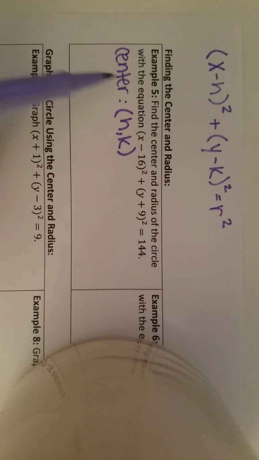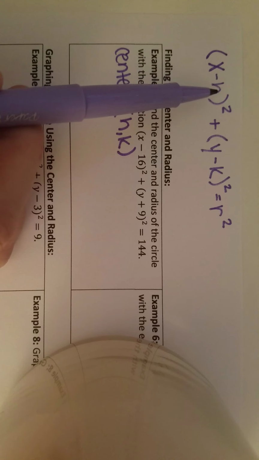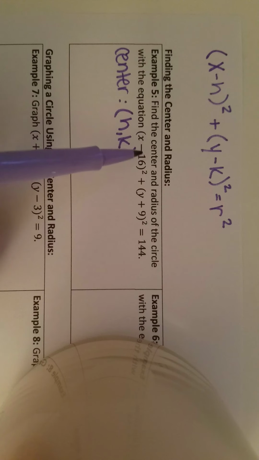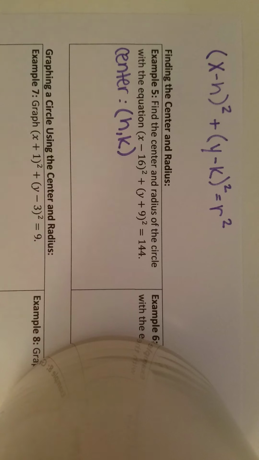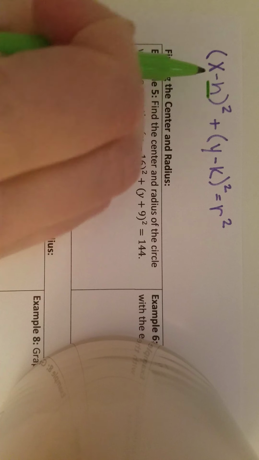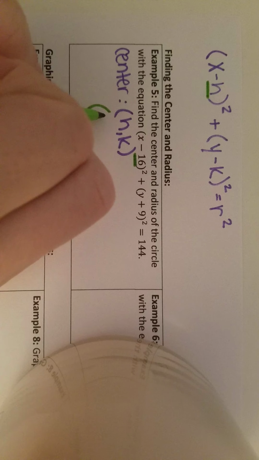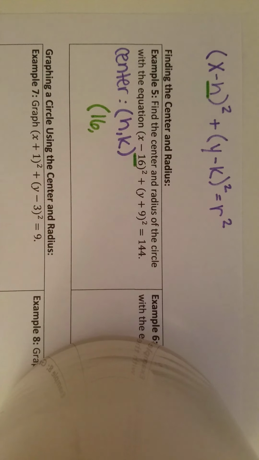So if you notice, in the original equation it's x minus whatever the h is. And so this is x minus 16. So the h and the 16 match up. They're both being subtracted. So in this case, our h is going to be 16.